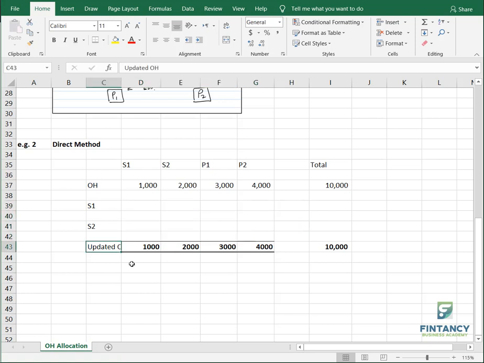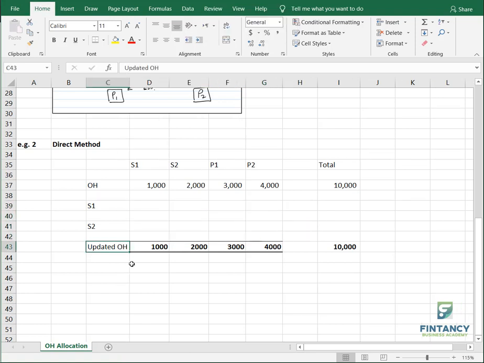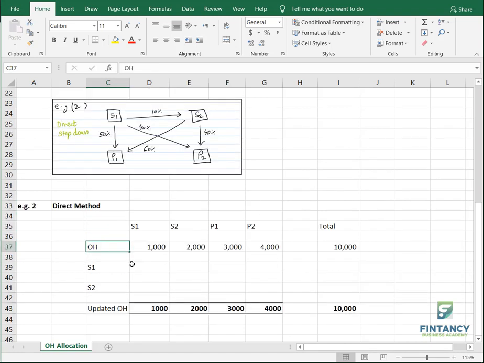Okay. Now see, the situation is like this. Before allocation, we have 1, 2, 3, 4. These are the amounts. Now when S1 will give the overheads, basically, if I say minus 1000. So remember S1 is giving 10% to S2, right?